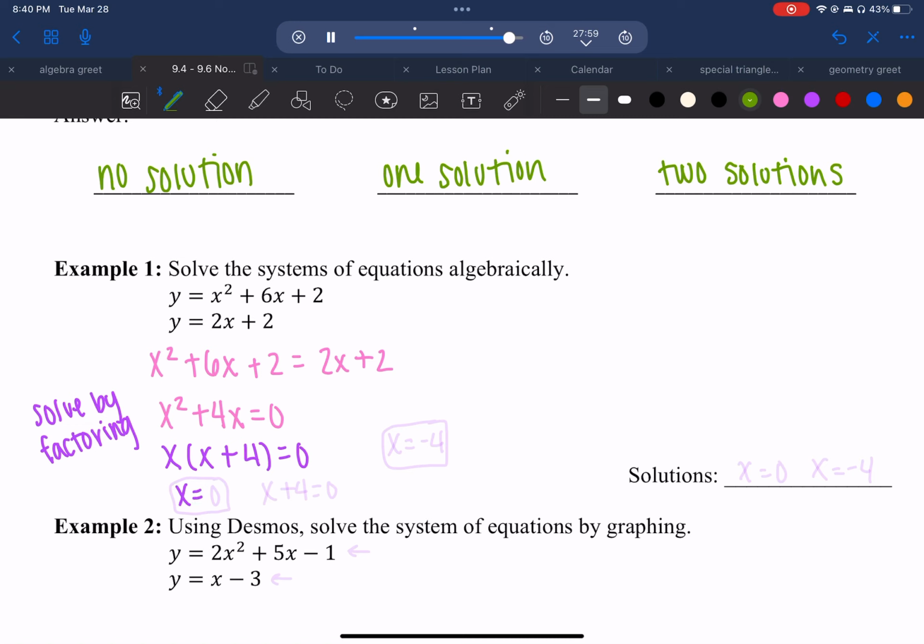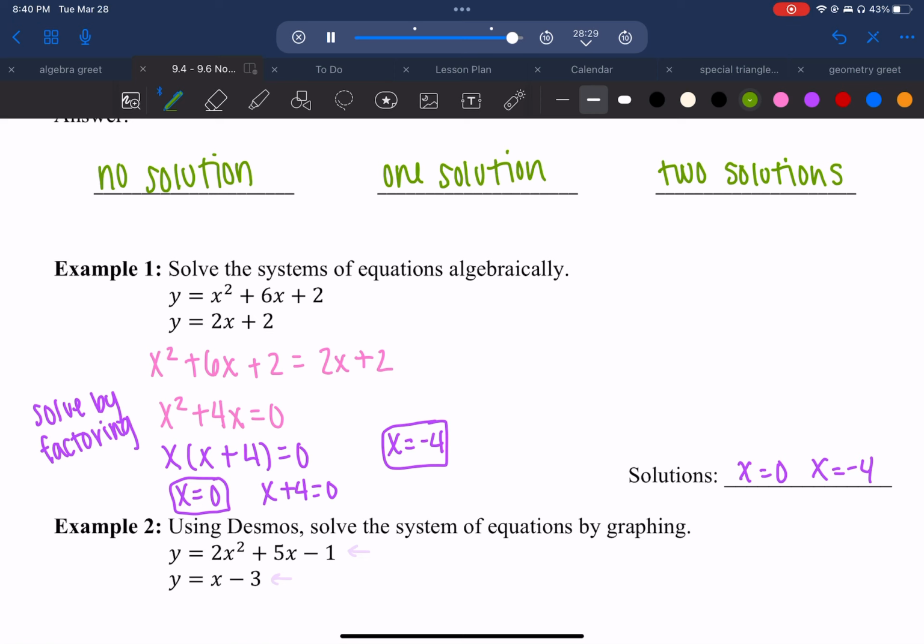I can't factor anymore, so using the zero product property, I have x = 0 and x + 4 = 0. I then know that x = -4, so my two solutions are x = 0 and x = -4. And you can go ahead and check those algebraically by putting both of the equations in.